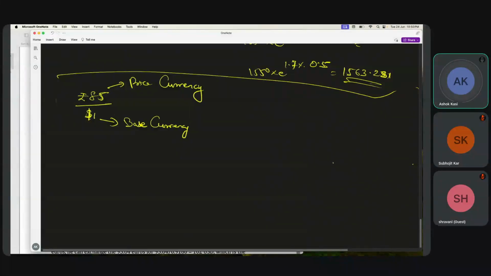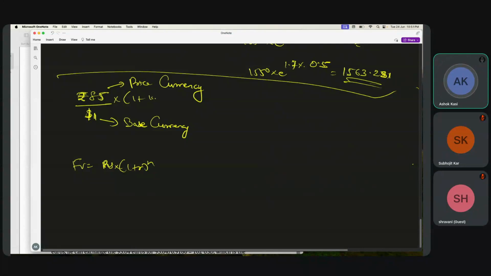Now suppose $1 is 85 rupees, and I want to know what should be the exchange rate after 1 year. Just like the normal formula, future value is equal to present value into 1 plus r raised to n, over here also. But this r will be the interest rate, because it is India's interest rate that will come.